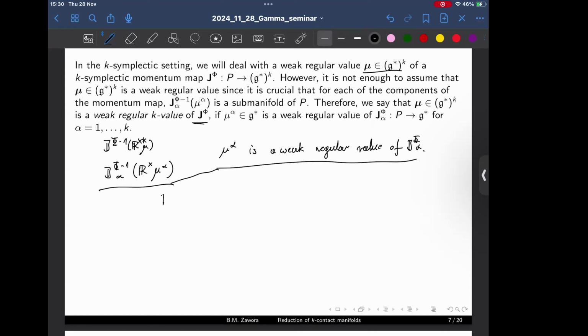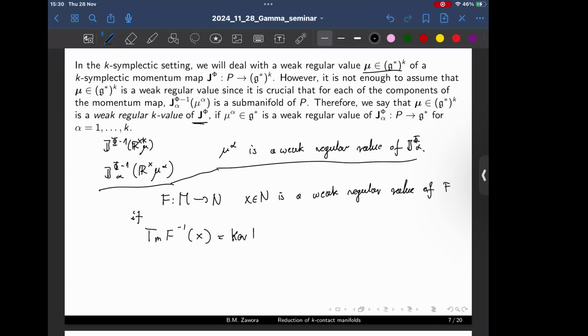When we have a map F from M to N, then X in N is a weak regular value of F if the counter image of X has tangent space, for some point in M, equal to the kernel of the differential of F, and if the counter image of X is a submanifold of M.